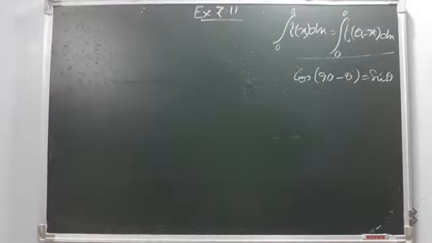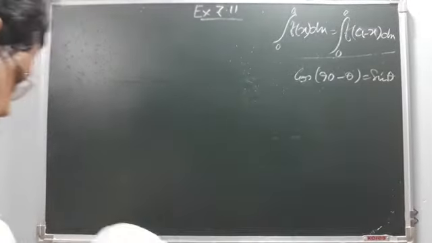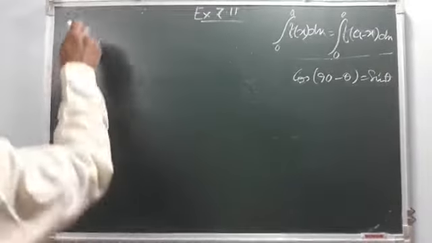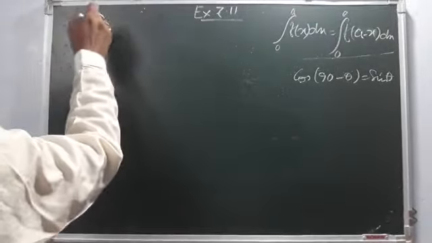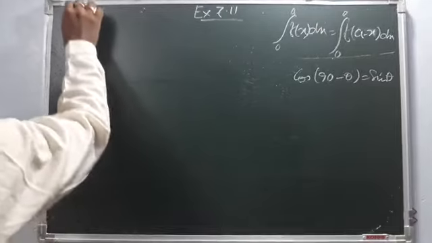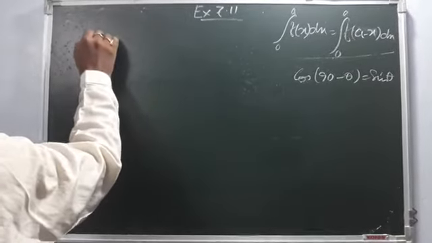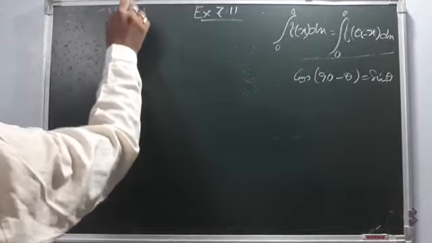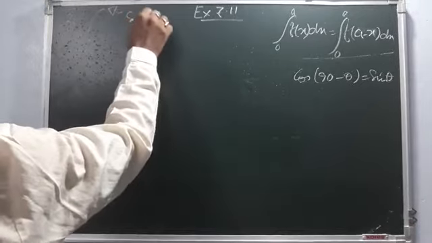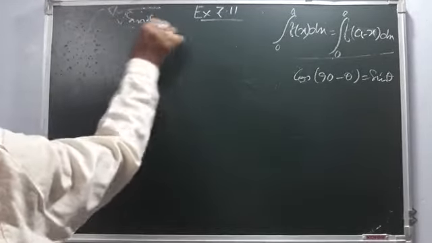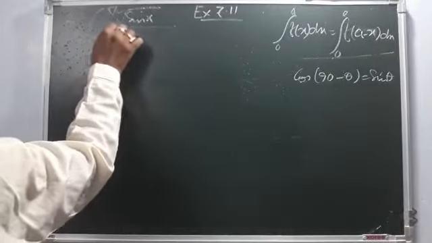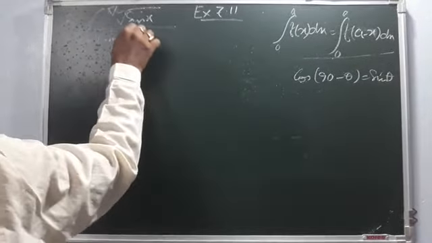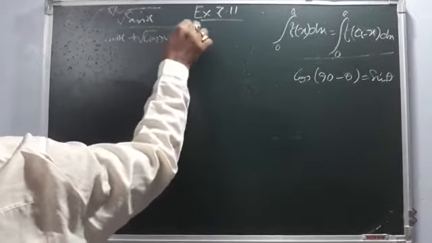Next sum, it is given a little bit different looking, but the procedure is same. Question number 2, integration 0 to 90 again given, sin x divided by root sin x plus root cos x dx.